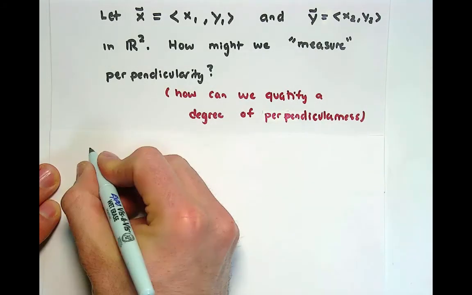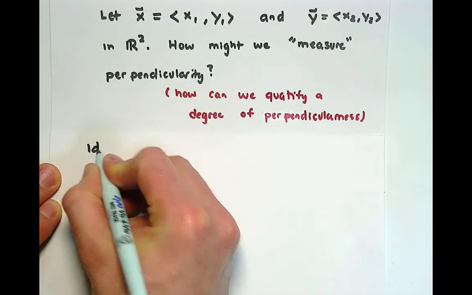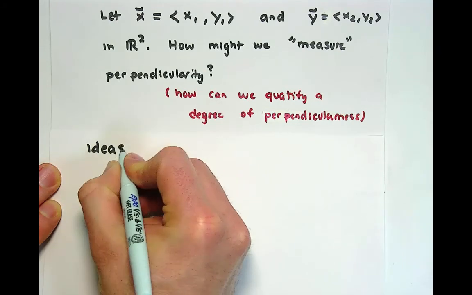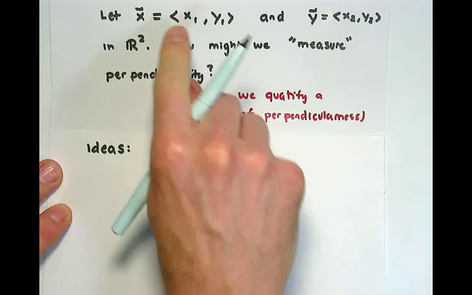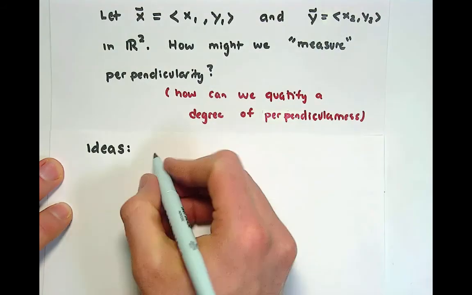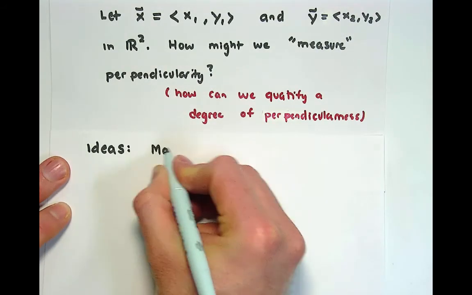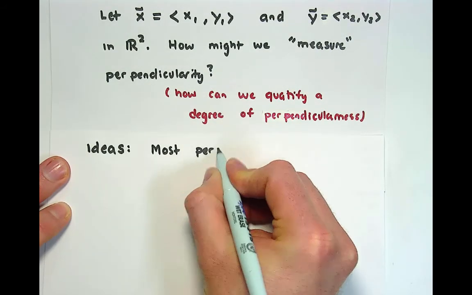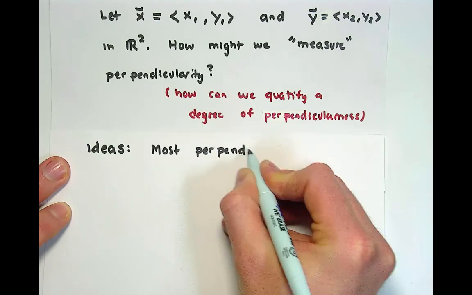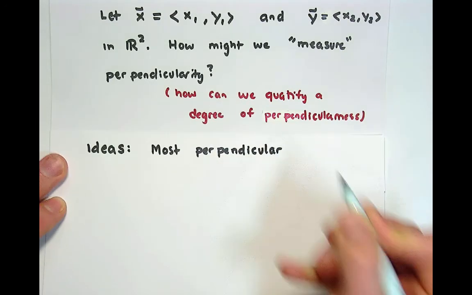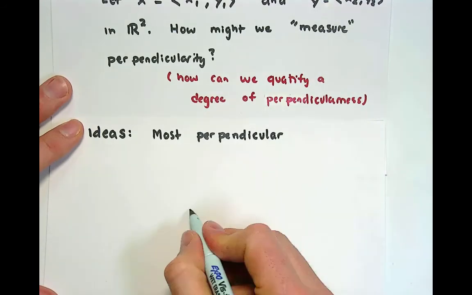Okay, so let's look at some cases. So here's some ideas that we might have. So if you have 2 vectors, so most perpendicular. What would it mean to be the most perpendicular? When are 2 vectors the most perpendicular?